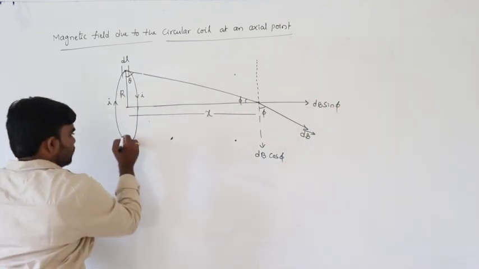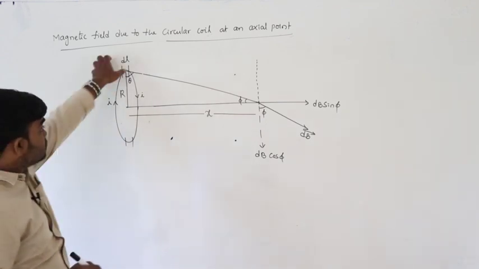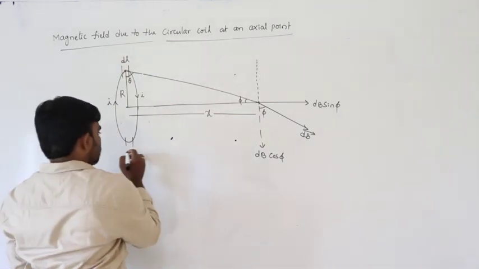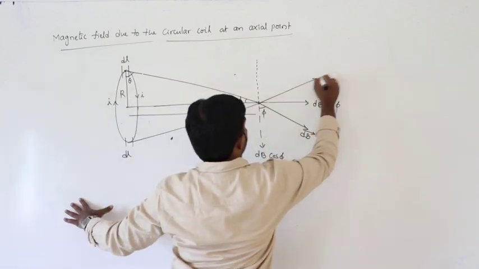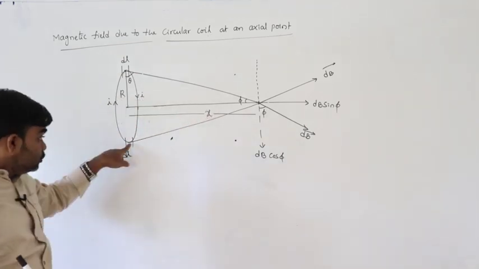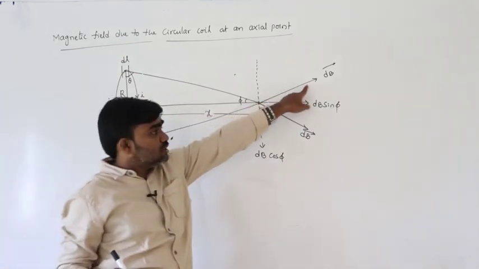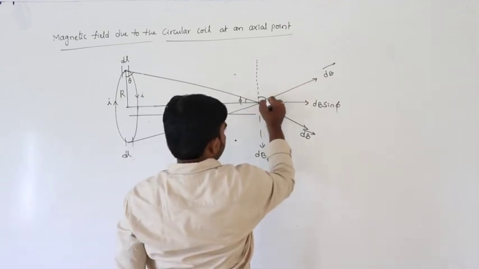In the same way, I am considering one more length element here. This is top and this is bottom. One more length element dl here. Due to this, the direction of the magnetic field is dB bar here. This is again phi.